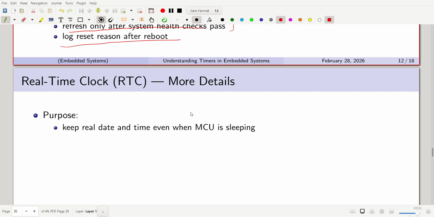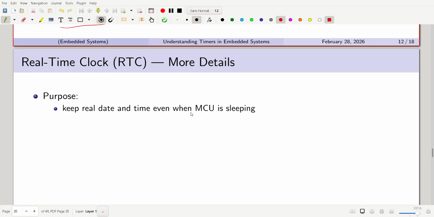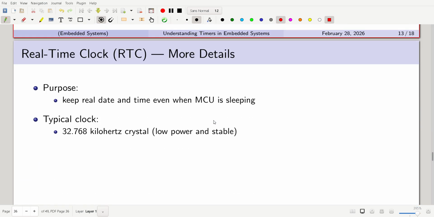Now the real time clock, RTC, more details.